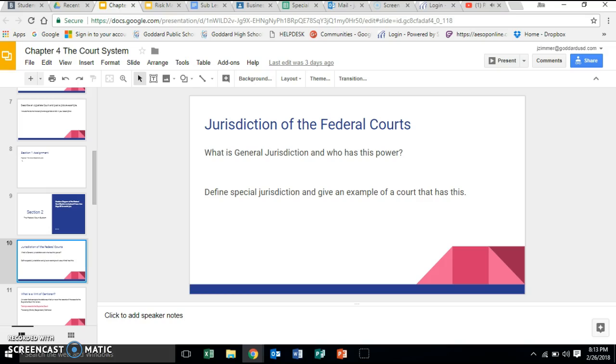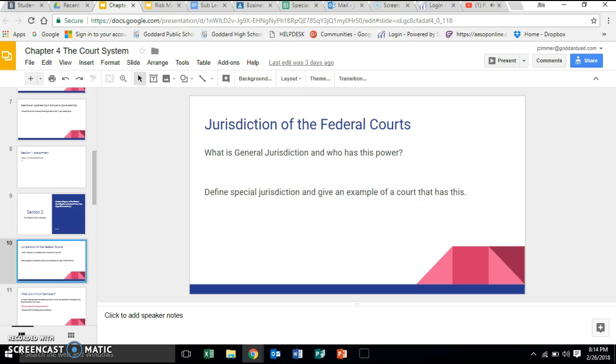So if you'll draw a little picture, maybe a little piece of paper, and then you can do squiggly lines for the words, and that'll represent a transcript, and you can just label transcript above the top. Basically, when they review a case in an appellate court, because that's what appellate courts do, they would read through what happened at the previous trial and arguments from lawyers on both sides to see if there's any reason to reverse the decision or uphold the decision.